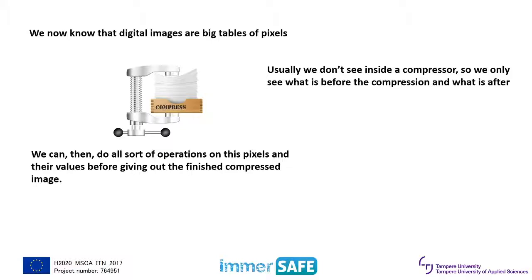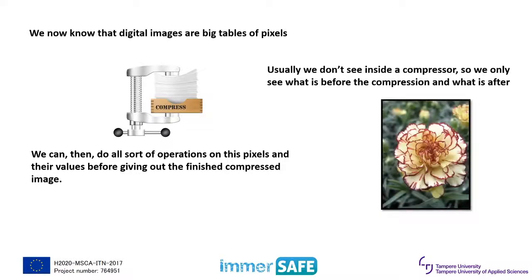We can then, as you probably deduced, do all sorts of operations on these pixels and their values via our computer before giving out the finished compressed image. So this digital image, for example, will look like what we had at the beginning, but it's actually being transformed to save up space.